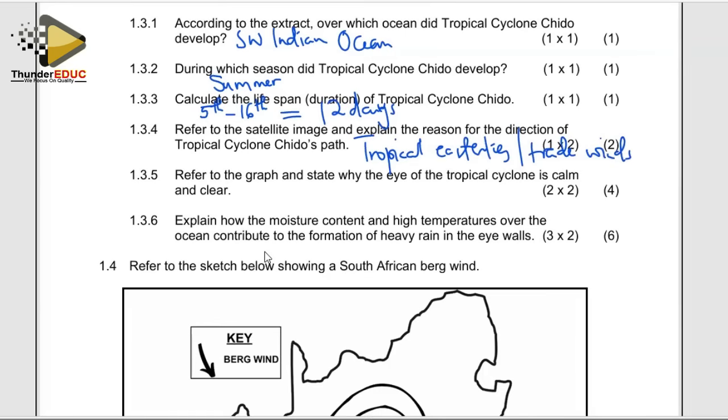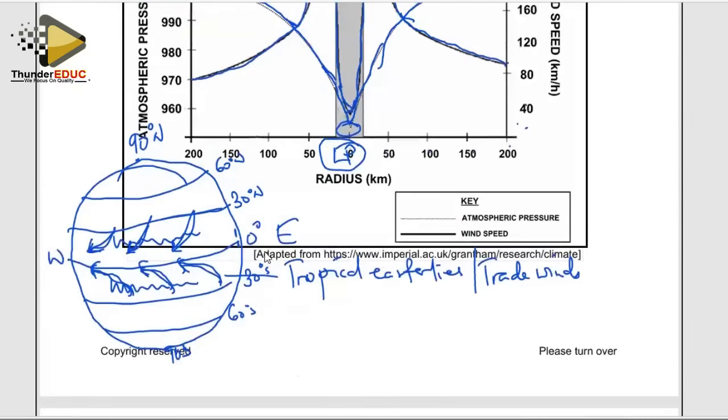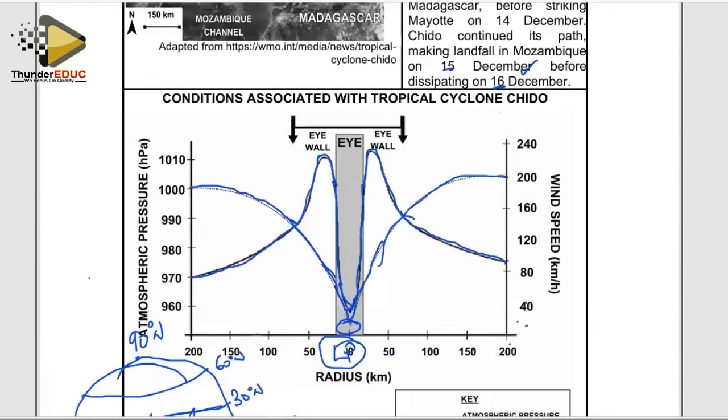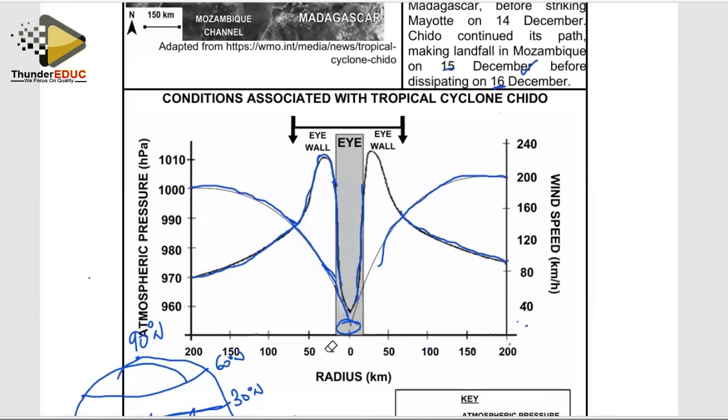Refer to the graph and state why the eye of the tropical cyclone is calm and clear. In the eye of the tropical cyclone, it is clear. Why is it clear? I'll try to summarize why we find clear conditions in the center, or the eye, of the system.